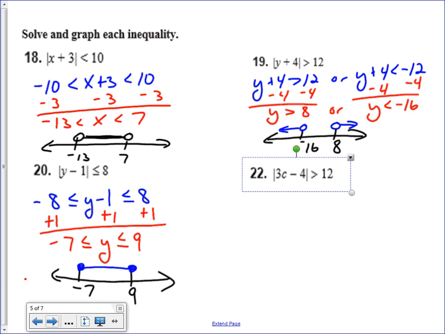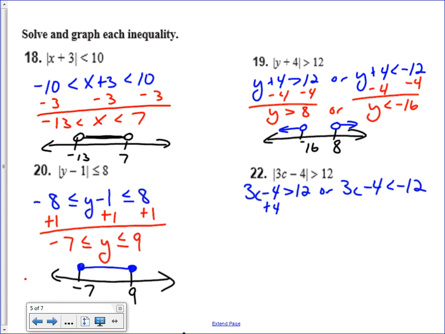Okay. And on the last one, we have a greater than. So if I have a greater than, I know it's going to be an OR statement. So I'm going to have the two inequalities: 3c minus 4 is greater than 12, or 3c minus 4 is less than negative 12. So I simply solve both of them.